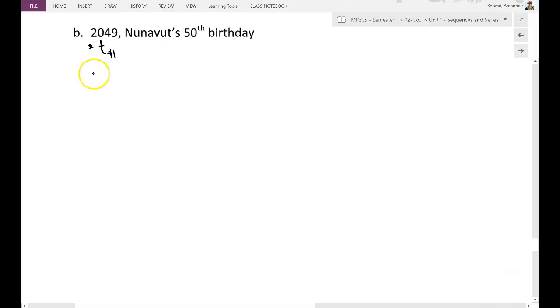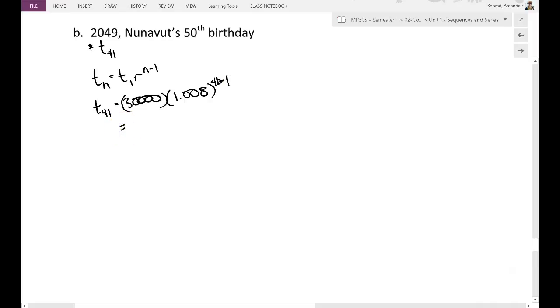Again, we're using the same equation otherwise, so Tn equals T1 R to the n minus 1. So term 41 is equal to 30,000 multiplied by 1.008 to the power of 41 minus 1, or 40, which is what I was about to write.